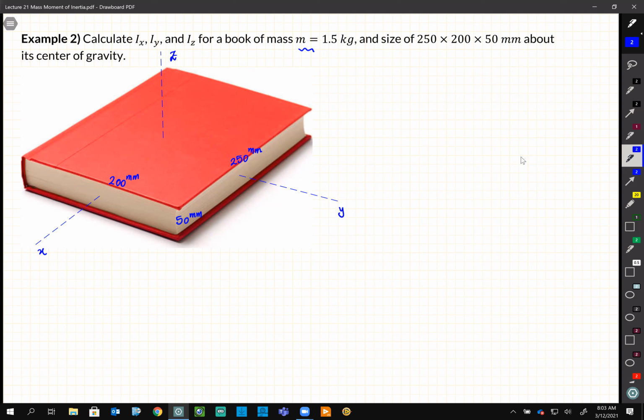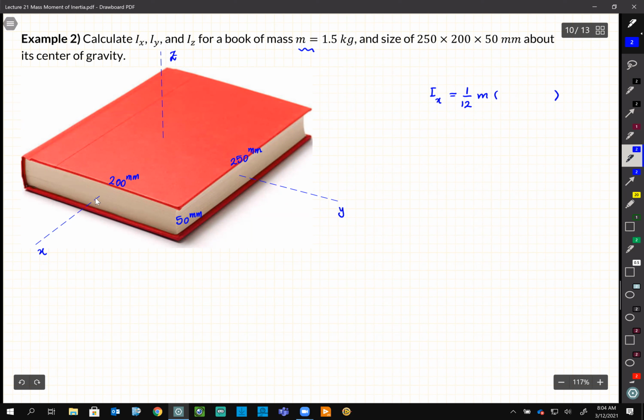Simply, we need to write down Ix. Some people write Ixx, but when we write Ix, it means Ixx. So for Ixx, we look at this axis, and the formula is 1/12 m, two numbers squared.